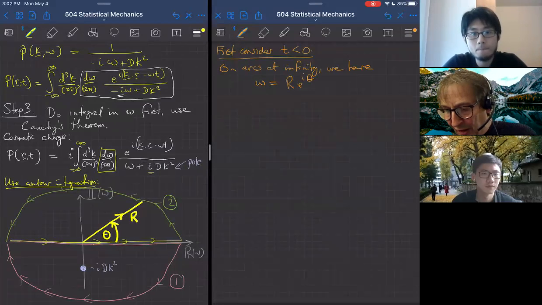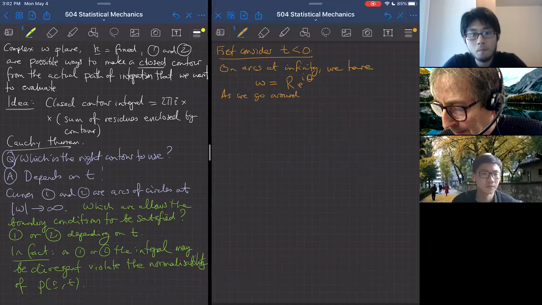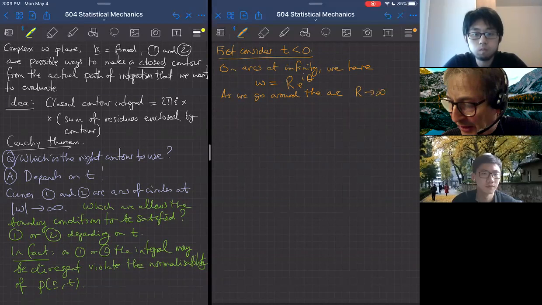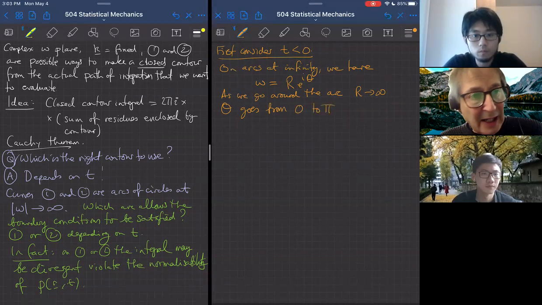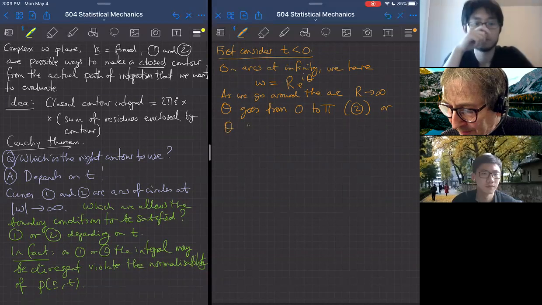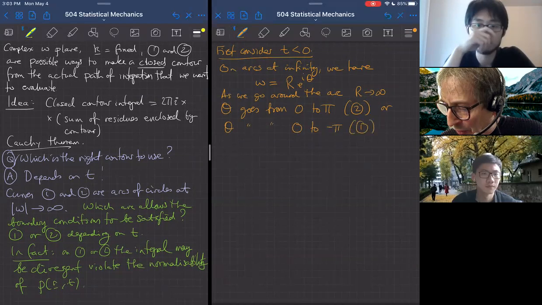And as we go along this arc, r is going to infinity and theta goes from 0 to pi if we're on contour number 2, or it goes from 0 to minus pi if I'm on contour number 1.